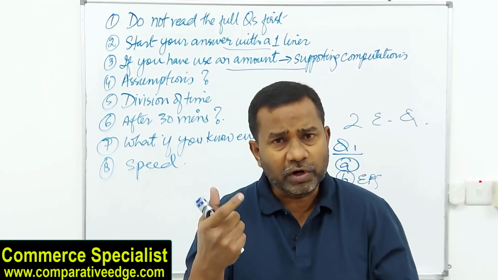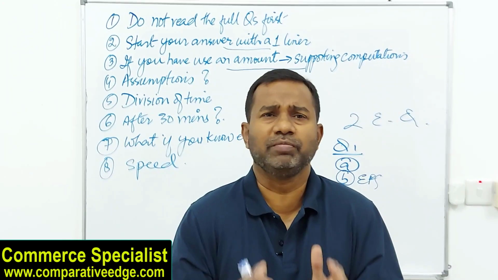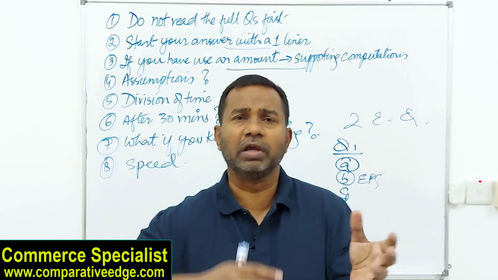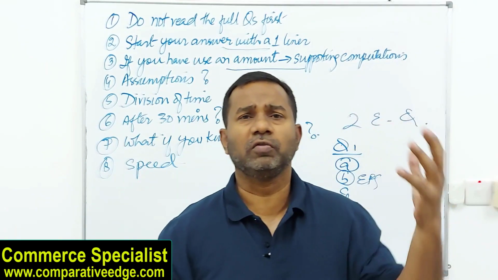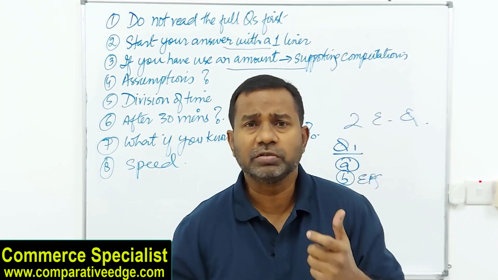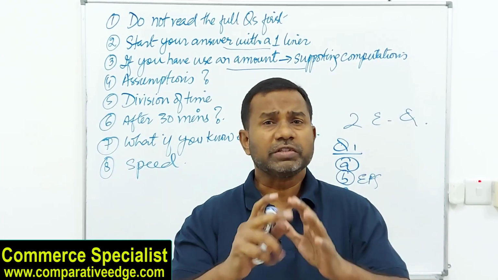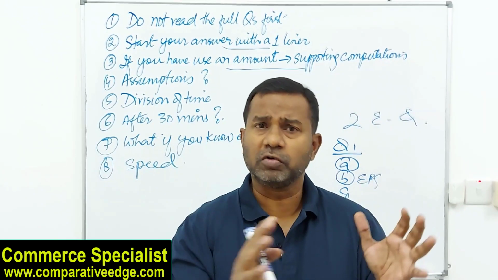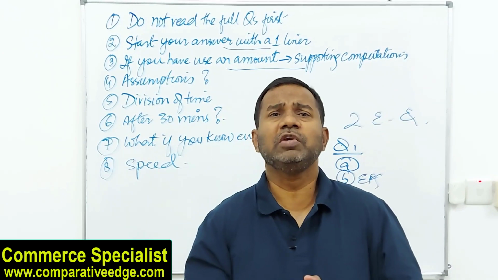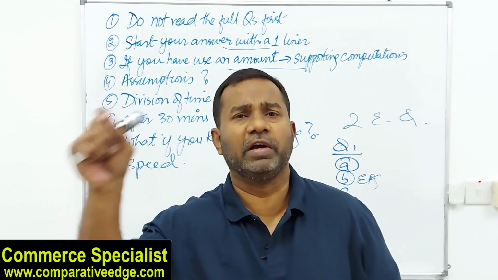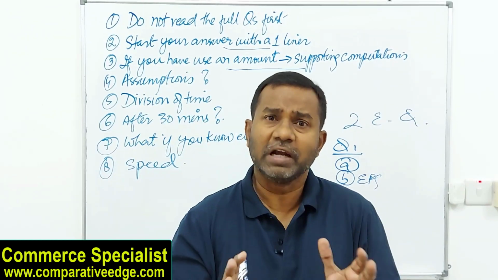For example, making it very simple, it's annual depreciation. In the question you're given the cost of the machine, the useful life and the residual value, but annual depreciation is not given, so you have to show how you got it. Worst case scenario, if you don't have time to do the calculation, you can say, using the data in the question, I worked out annual depreciation to be 20,000. Still, that makes sense.